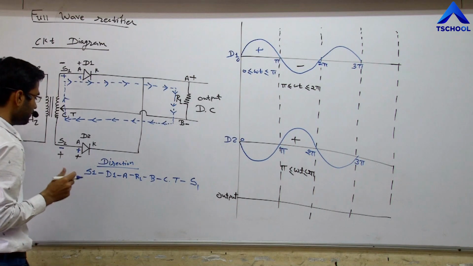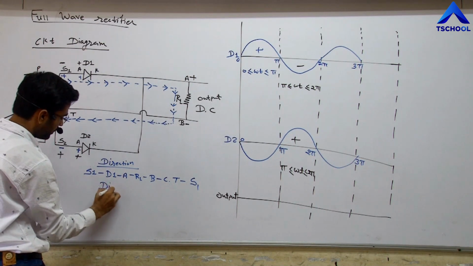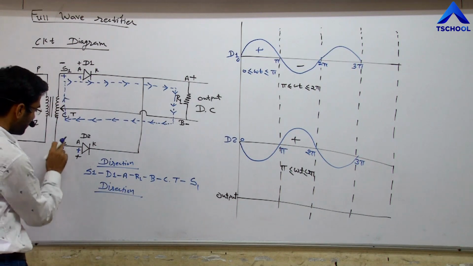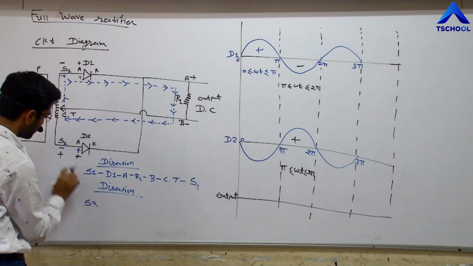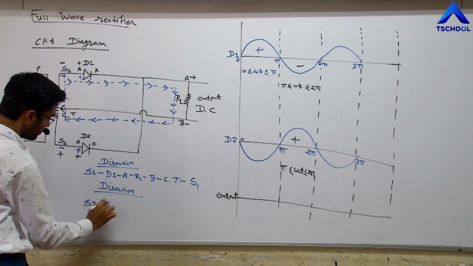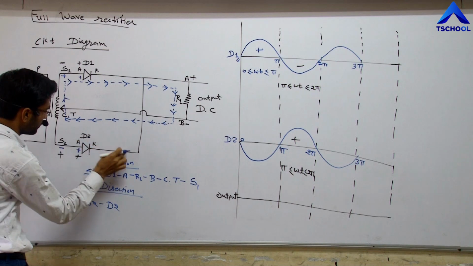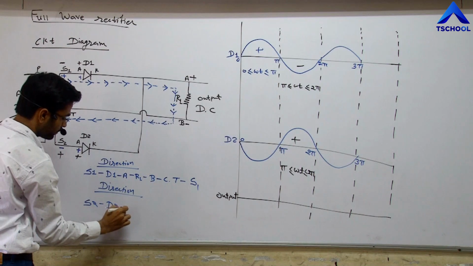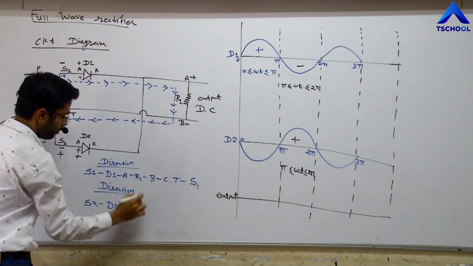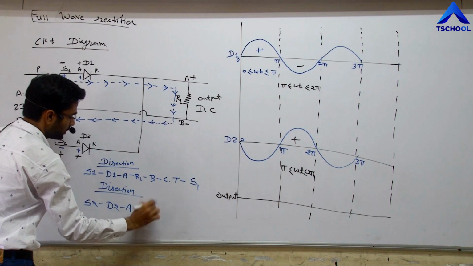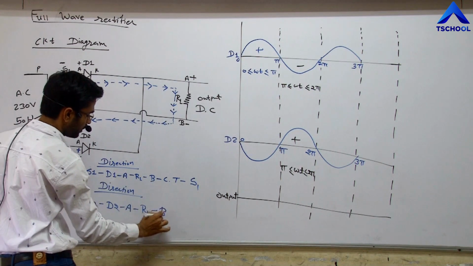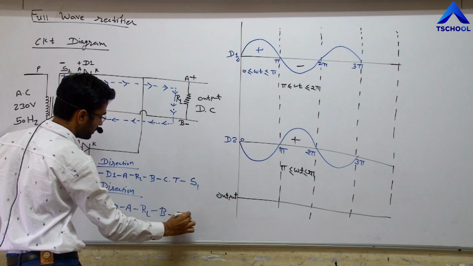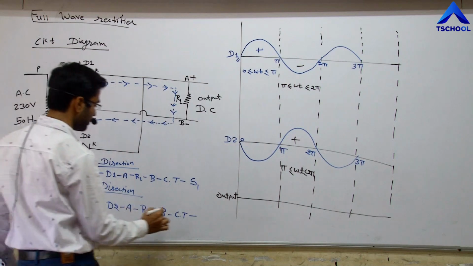The direction of the flow of the current during the second half cycle is from S2 to diode D2, to A, to load resistance RL, to point B, to CT, the center tap transformer, and from the center tap transformer back to S2.